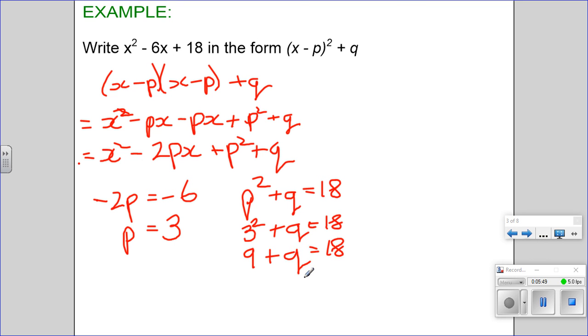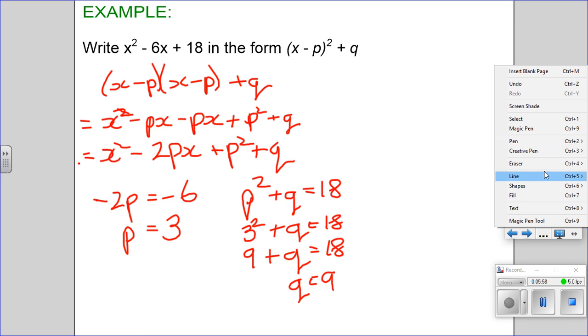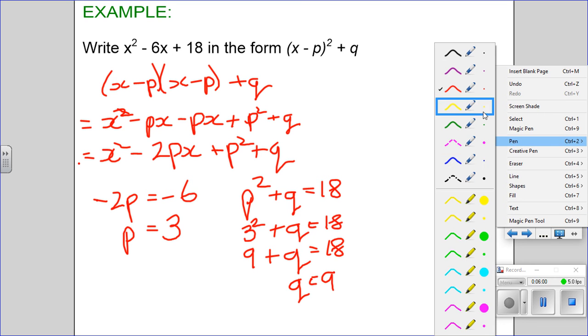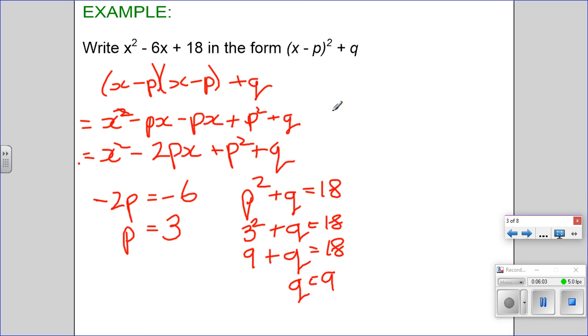And then we all know that 9 plus 9 is 18. So q is equal to 9. This, in completing the square form, is (x minus 3) all squared plus 9. And again, if you're unsure or you don't believe me, graph the two of these on the same axes and you'll see that they are in fact absolutely identical.